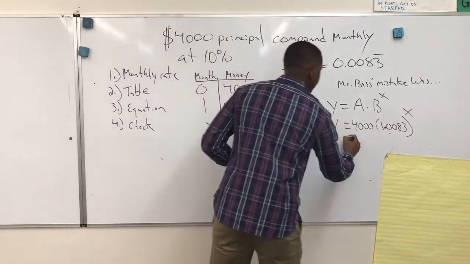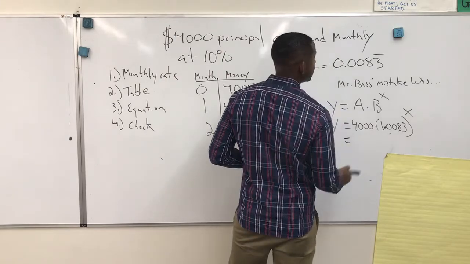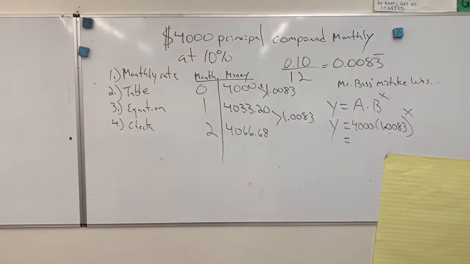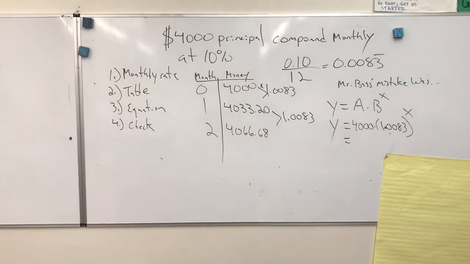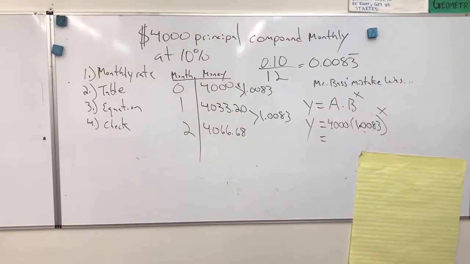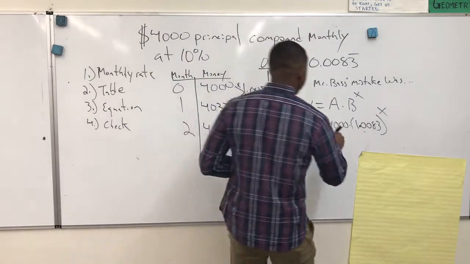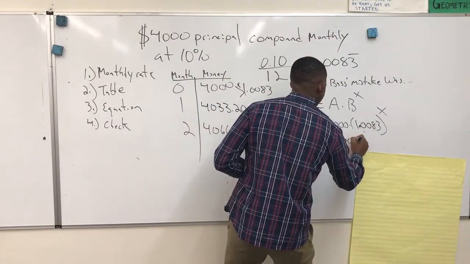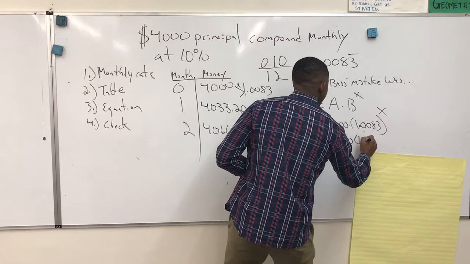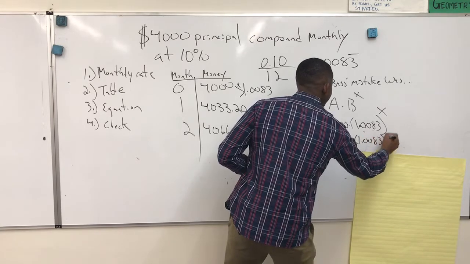I want to test this bad boy again, so I'm going to plug a 2 into it just to see. So if I plug that in with the 2, I'm going to get 4,000 times 1.0083 to the second power.